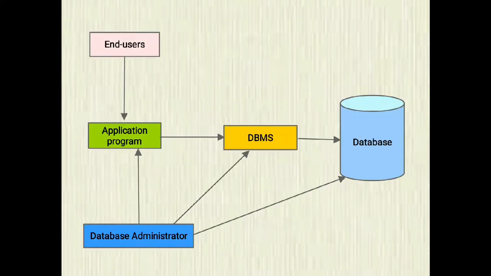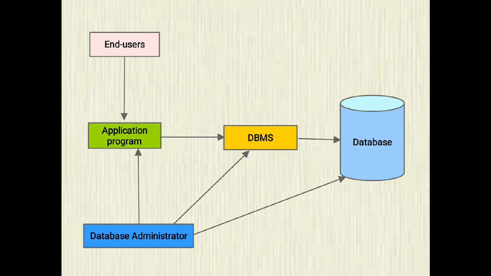Here is a pictorial diagram to help you understand better. We have the end user, the naive users. They could be non-programmers, they could be programmers. The end user sends a query, which means it asks a question to the database to extract the data.